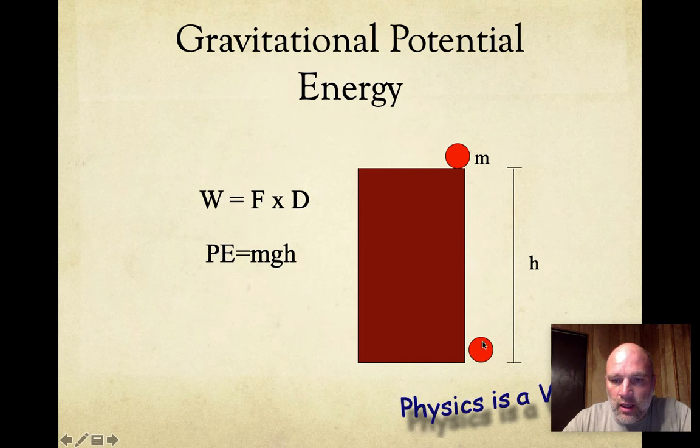But if I want to lift this object up to some height, the force needed to lift it equals the weight of the object. So force is weight, mass times gravity, and the distance I lifted it, we usually call that height. So the work done lifting that object is mgh. Therefore, the potential energy that it has up here is equal to mgh.